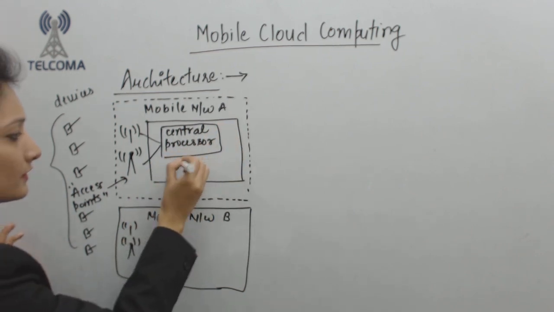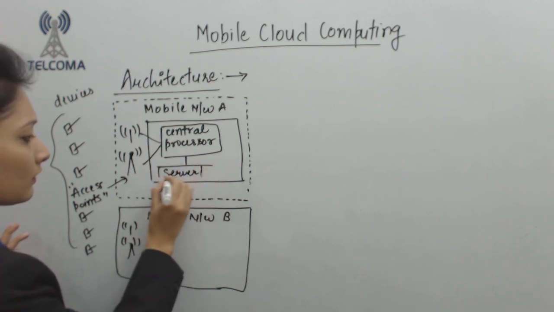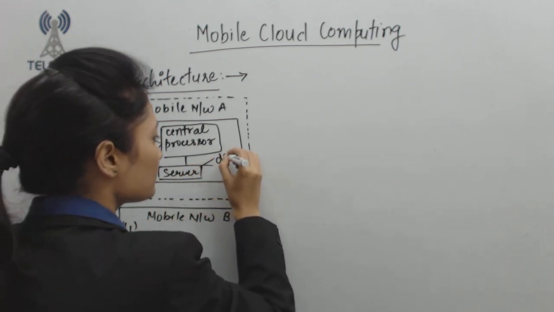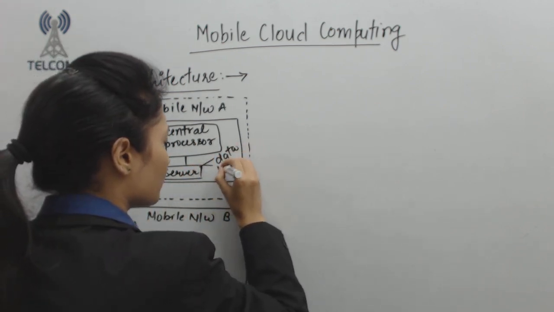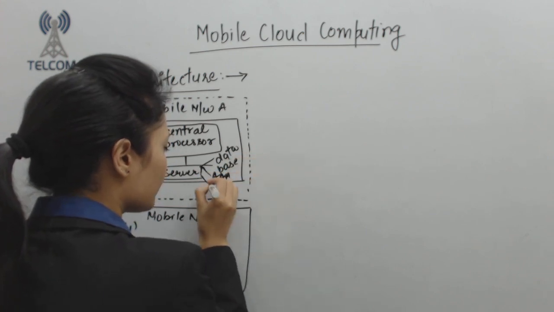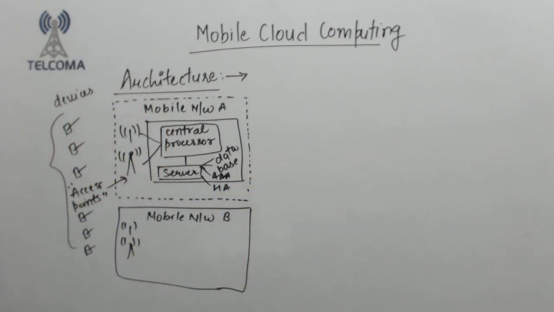The central processor is connected to the server, which maintains the various databases, the authentication, authorization, and your home agents.